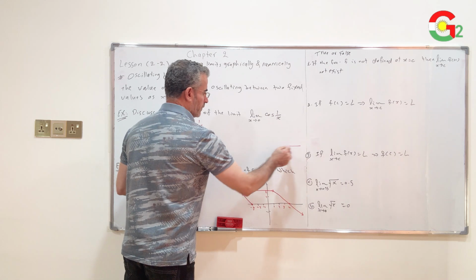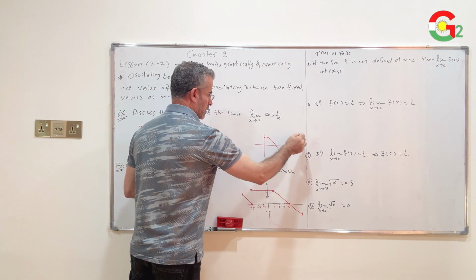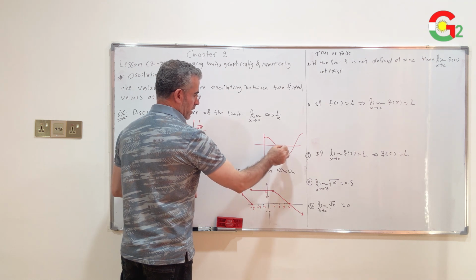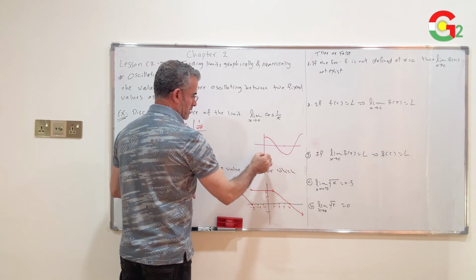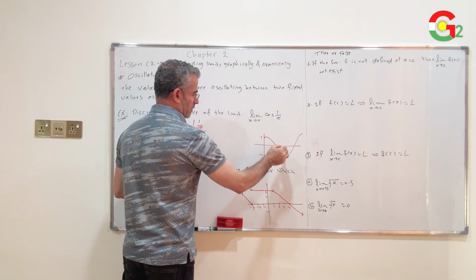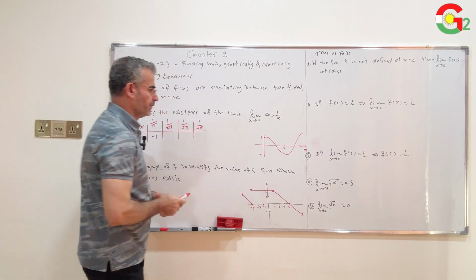As you know, the graph of the cosine is like this. This is pi, and this is negative 1. This is 1 pi, and this is 2 pi here.